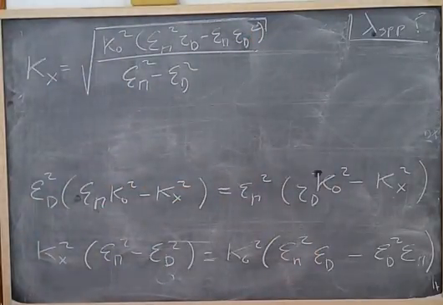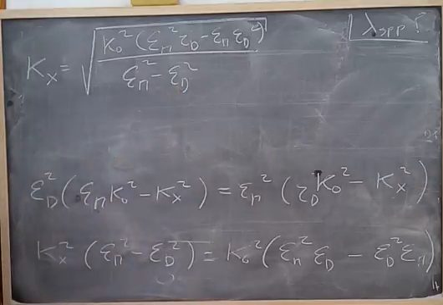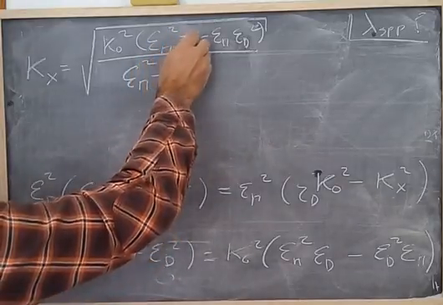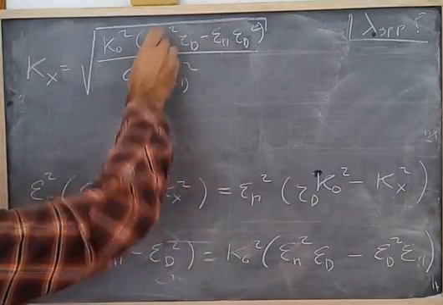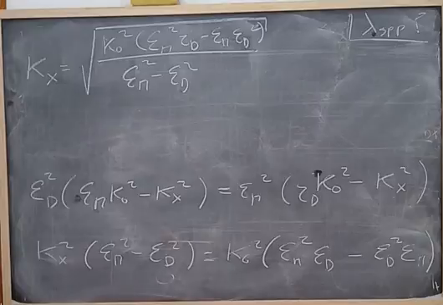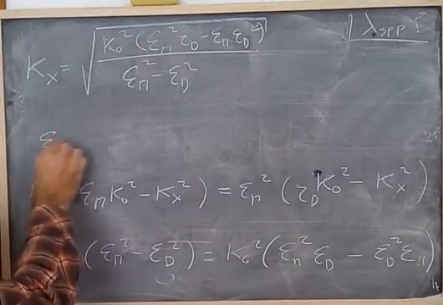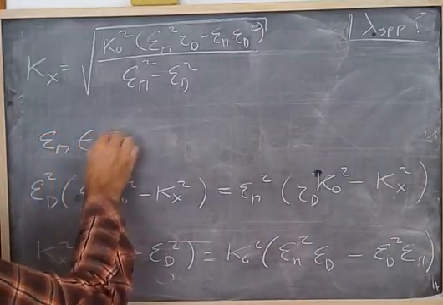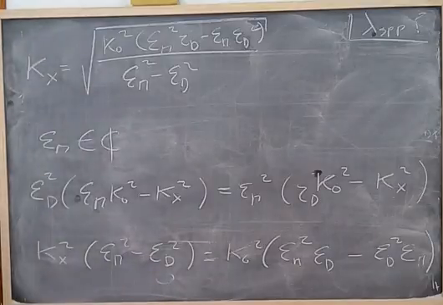However, usually the electric permittivity of a dielectric medium is a real number, but the electric permittivity of the metal could be a complex number. This is a complex number.